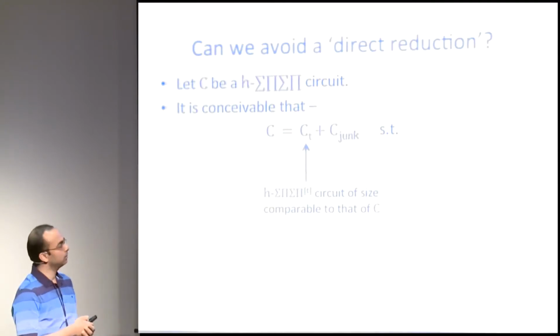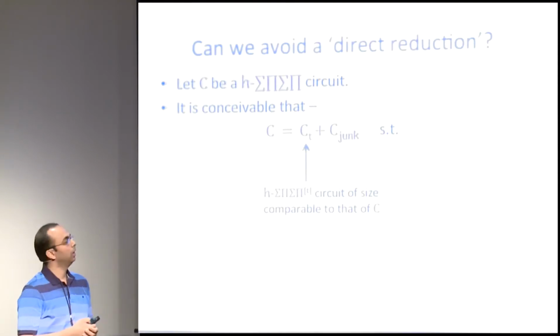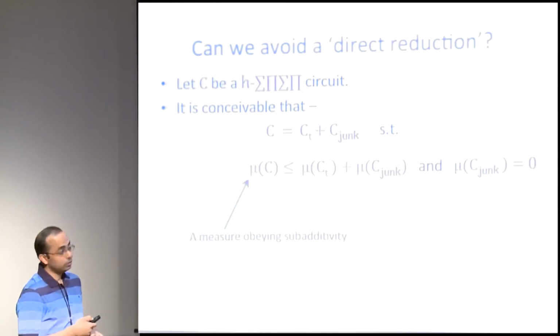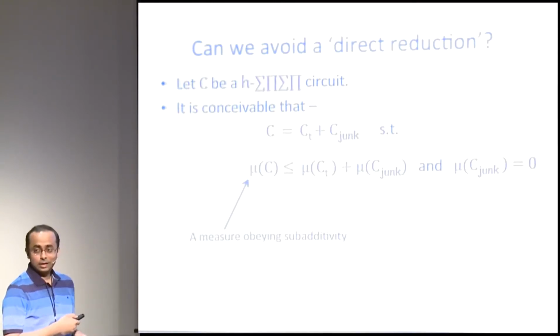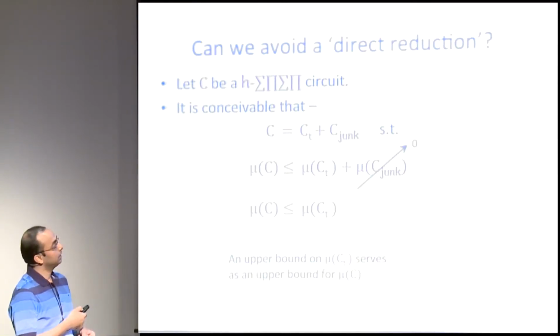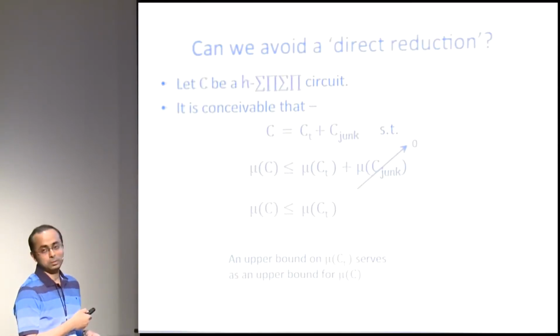And why does such a thing help? Because the junk part could have enormous complexity with respect to a measure. But now suppose you also have a measure which is subadditive and which somehow kills off the junk part. Then what you get is that, for the measure applied on the circuit, you want an upper bound, right? You want to show that the measure applied on a homogeneous depth 4 circuit is small.